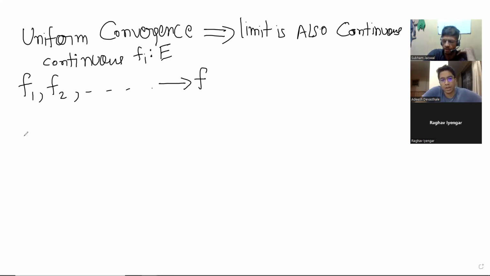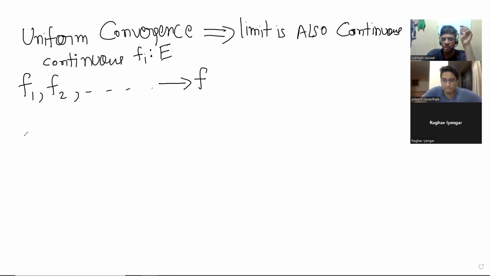So there is one n naught that works uniformly for every x. The n naught depends on epsilon, right? Yes, you could say that.